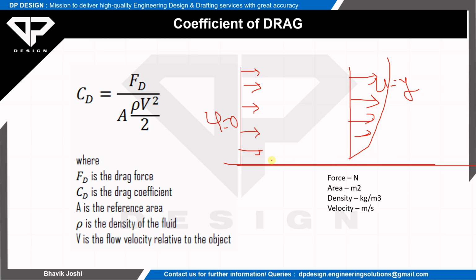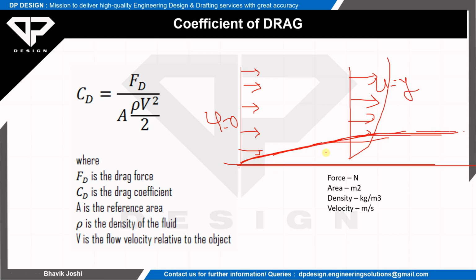Now it will create a boundary layer like this. The fluids are sticking to the wall, and in the ideal wall there will be no friction. So the ideal wall is basically used for symmetrical objects. In pipes also you can use it where there is no friction. So in the no friction condition you can take an ideal wall.